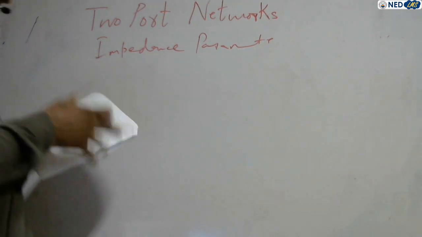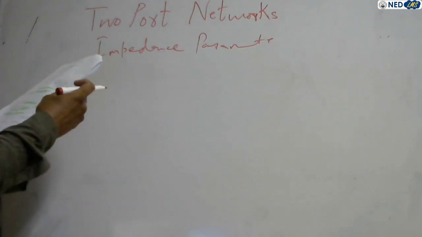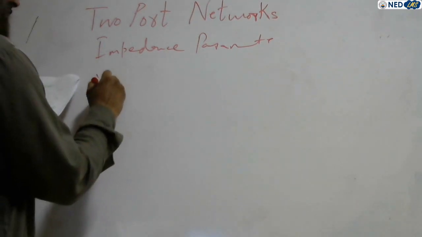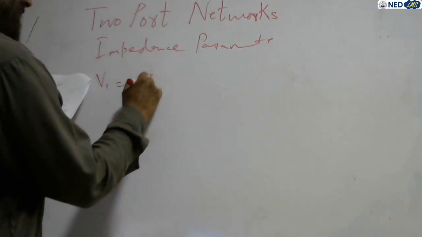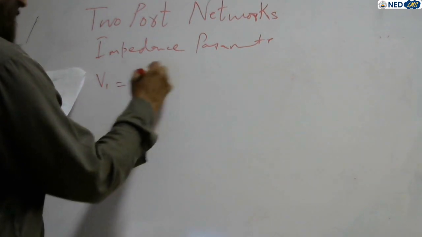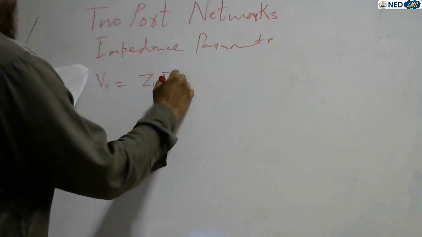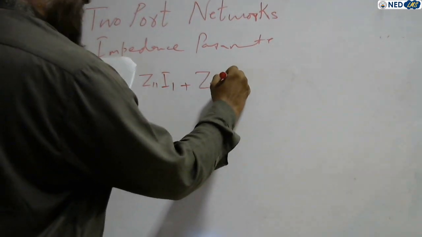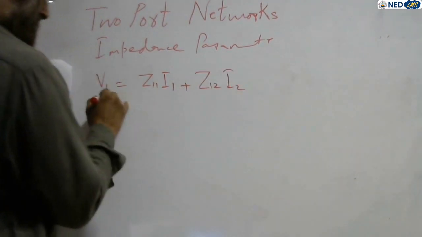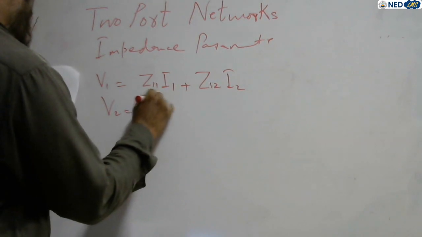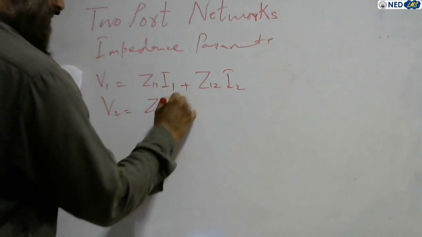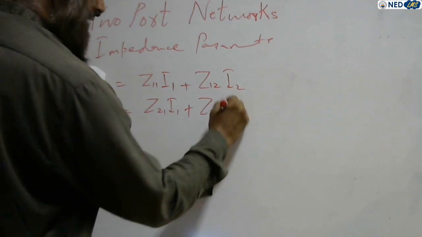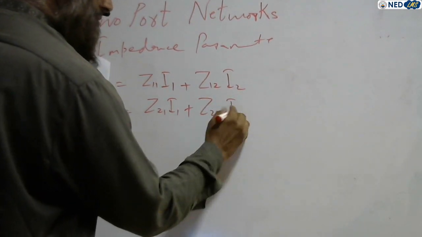So we can write the equations for the impedance network: V1 equals Z11 times I1 plus Z12 times I2, and V2 equals Z21 times I1 plus Z22 times I2.